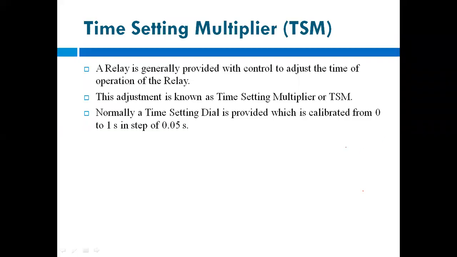Normally a time setting dial is provided, which is calibrated from 0 to 1 second in steps of 0.05 second. From 0 to 1 second means whatever point at which you want to operate your relay can be set using this time setting dial.